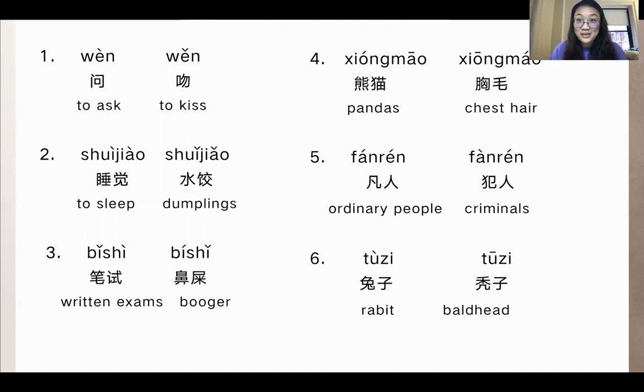So it really makes a big difference. Next group, 凡人, ordinary people. But when you say 犯人, criminals. So you can see the difference. And the last group, 兔子, rabbit. 秃子, bald-headed person. Okay, so now it's your turn to try and see if you can pronounce these words right.